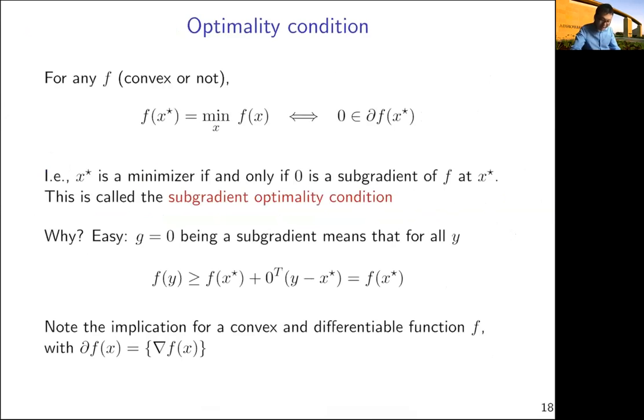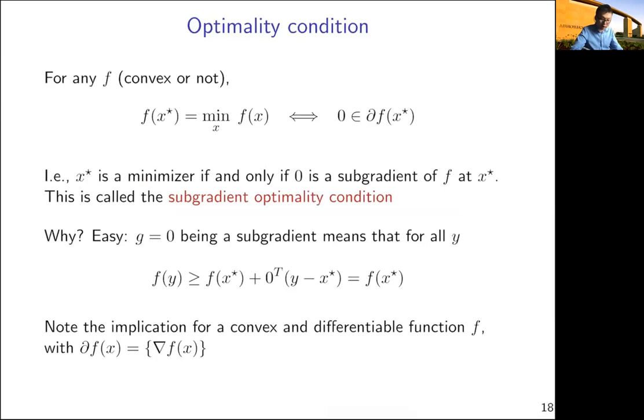So first, let's talk about the optimality condition. Take any function f and let x star be the minimizer of this function. It can be shown that, regardless of whether this function f is convex or not, f of x star being the minimum objective function value is equivalent to saying that zero is in the subdifferential at x star.